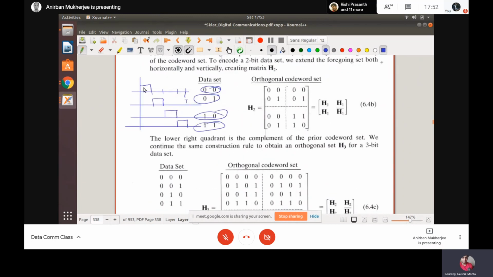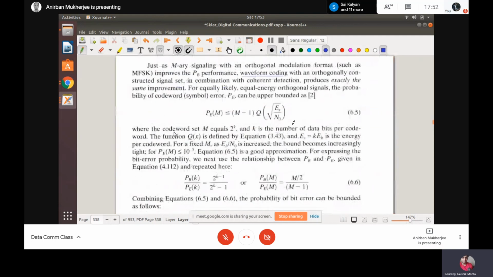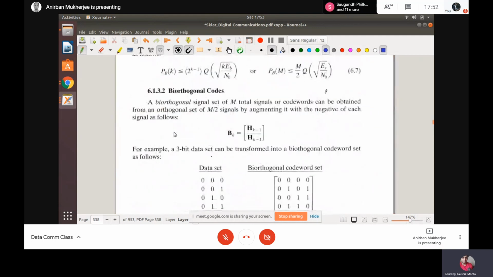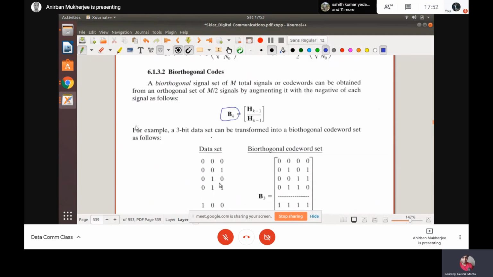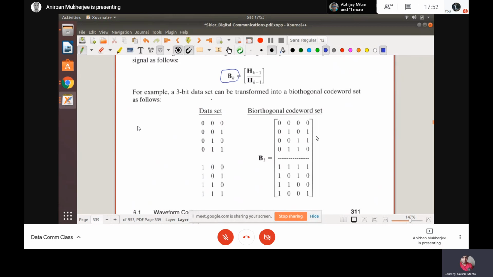Okay, waveform coding. These are my pulses. This is the waveform, and I am choosing the right pulses. What about the bi-orthogonal signal set? The bi-orthogonal signal set is basically Dk, which is Hk-1 and Hk-1 complement. For D3, this is my H2 and this is my H2 complement.